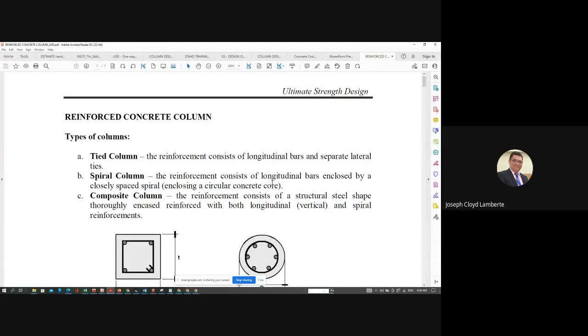Today we will discuss the reinforced concrete column. I believe I have discussed to you before that the primary use of a column is for compression, no?